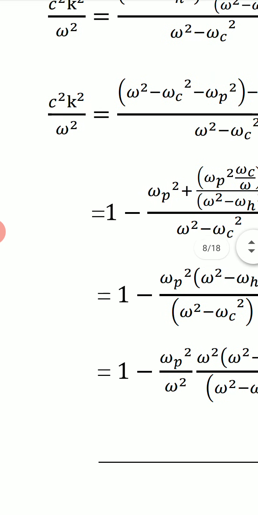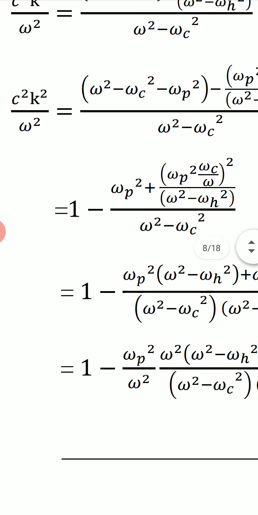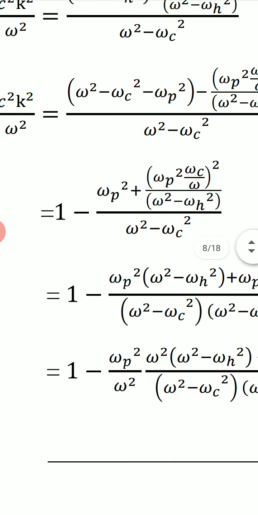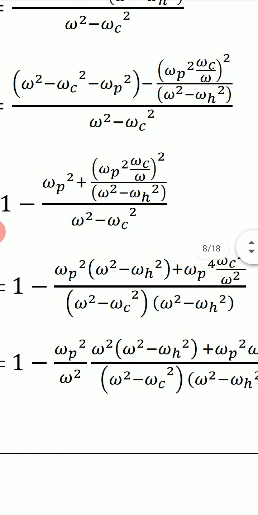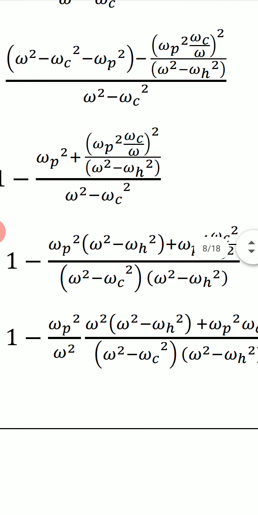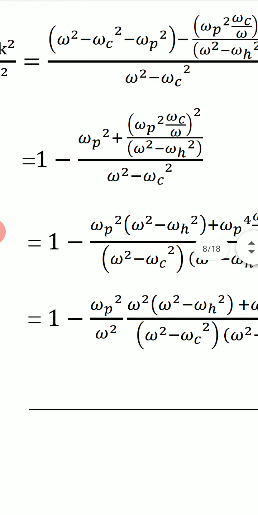The first two terms are omega square minus omega c square. If we divide this by omega square minus omega c square, we get 1. So we have 1 minus omega p square, minus is taken common so that the second term becomes plus, and divide by omega square minus omega c square.